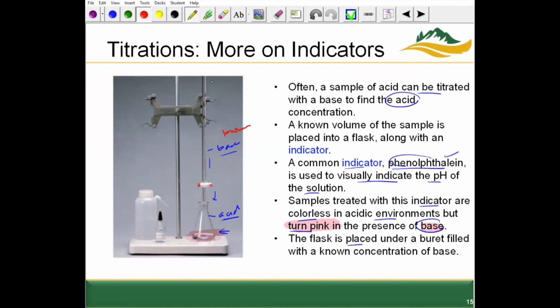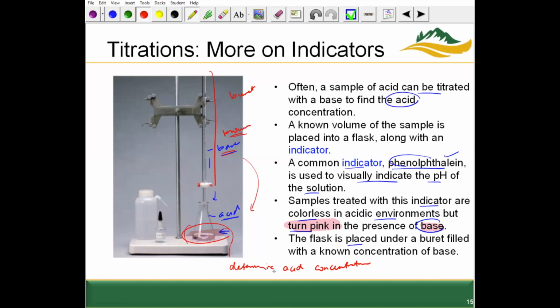So this concentration here in our burette would have to be a known concentration of base. We're slowly titrating that into our unknown concentration of acid, but based on how much base is needed to then neutralize this acid, we can then determine actually the concentration of this acid.